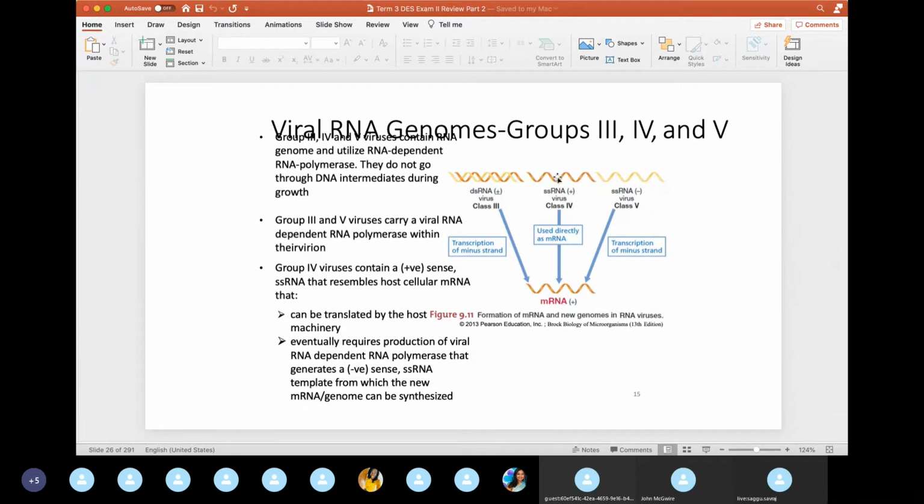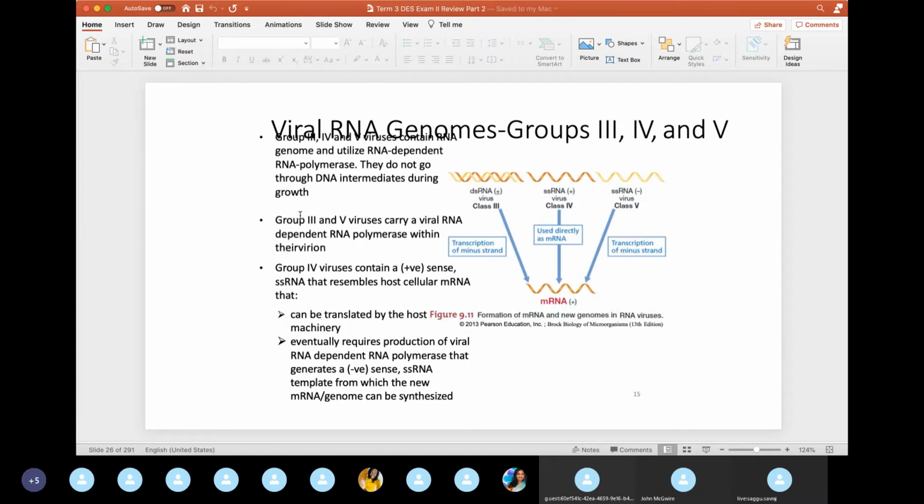High yield point, single-stranded RNA positive virus, the class 4, it can be used directly as mRNA. You don't need transcription for class 4 viruses. What do they utilize? They contain a genome and they utilize RNA-dependent RNA polymerase.